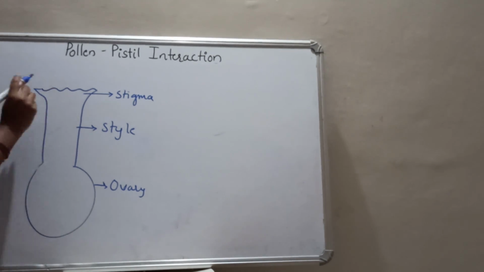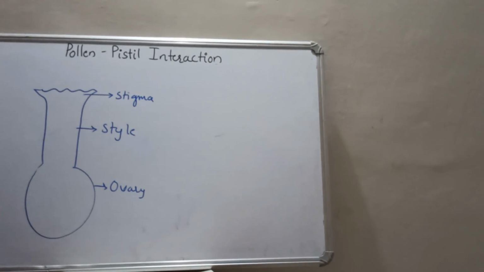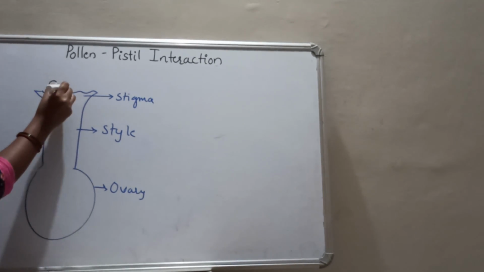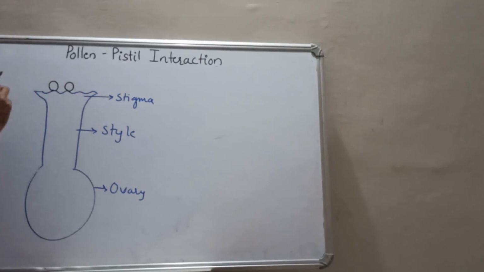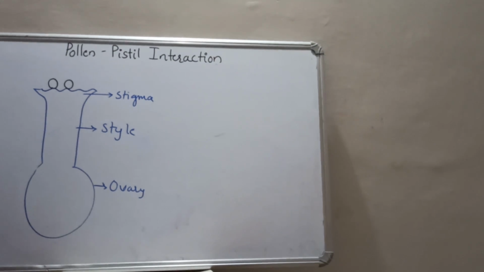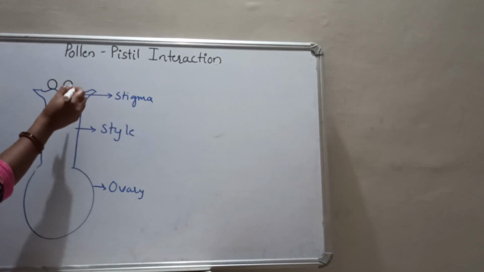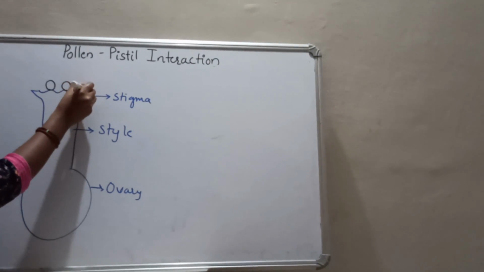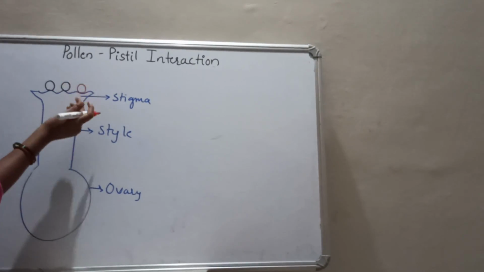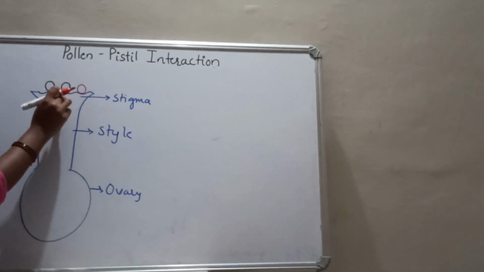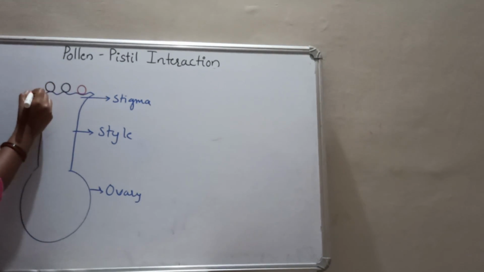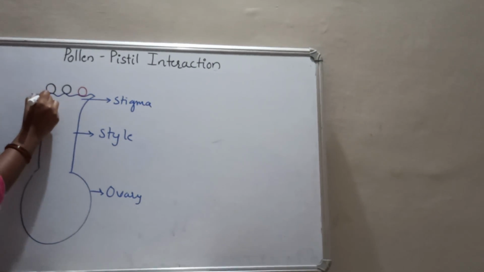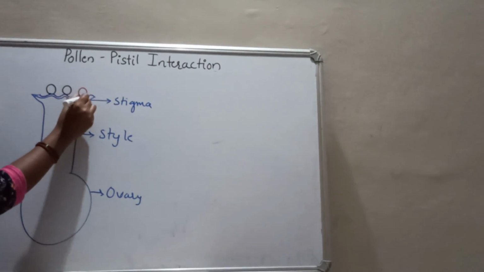By the help of different agents like air, water, or animals, the pollen grains come and fall on the stigmatic surface of the pistil.